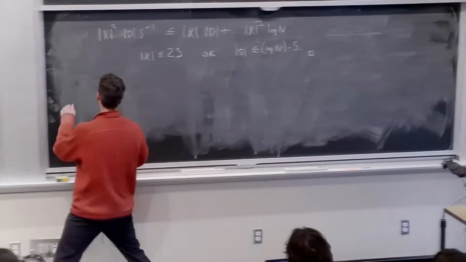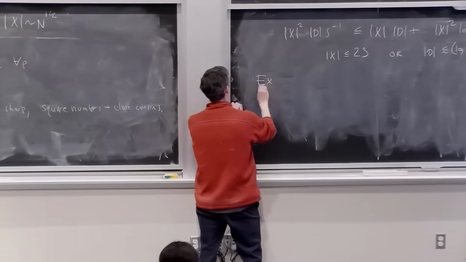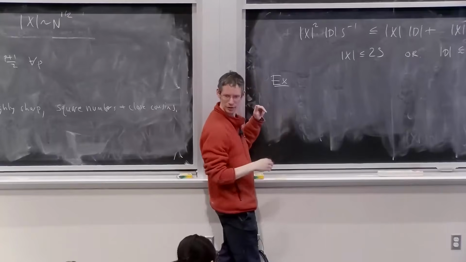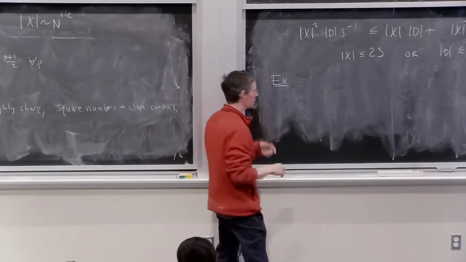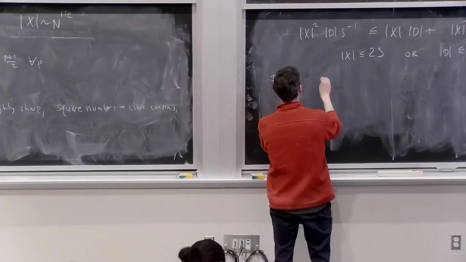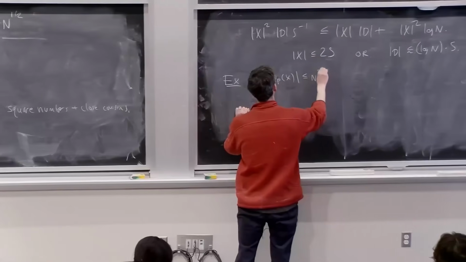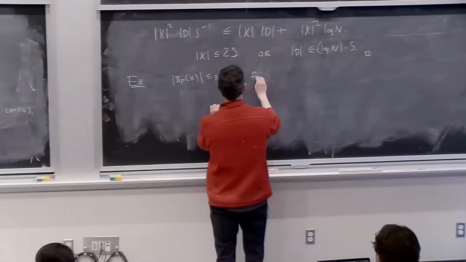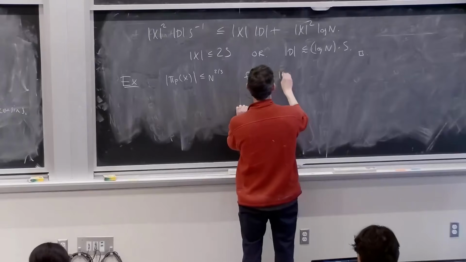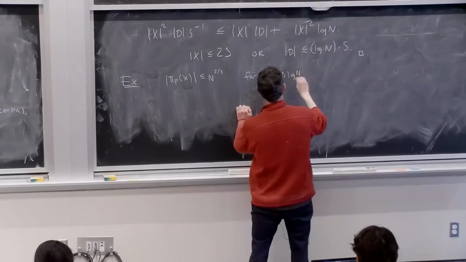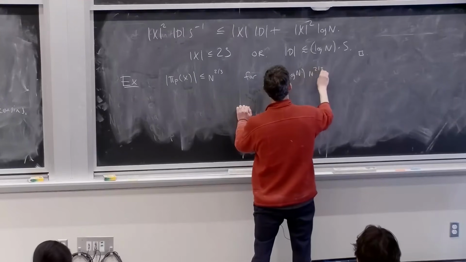OK, so let me give you an example of this, to give you a flavor of what this is telling us. So suppose that pi p of X is bounded by n to the 2/3 for 10 log n times n to the 2/3 different p.